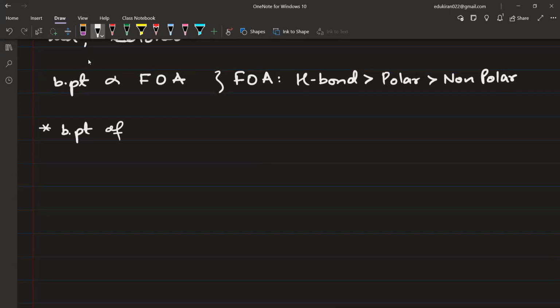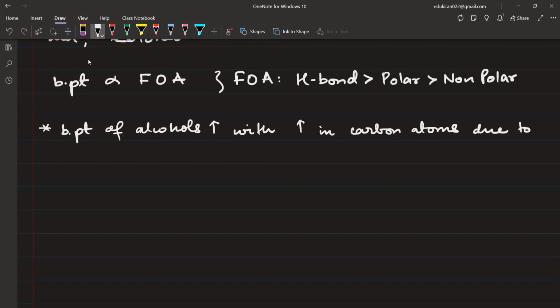Boiling point of alcohols increases with increase in carbon atoms due to increase in molar mass and van der Waals forces.